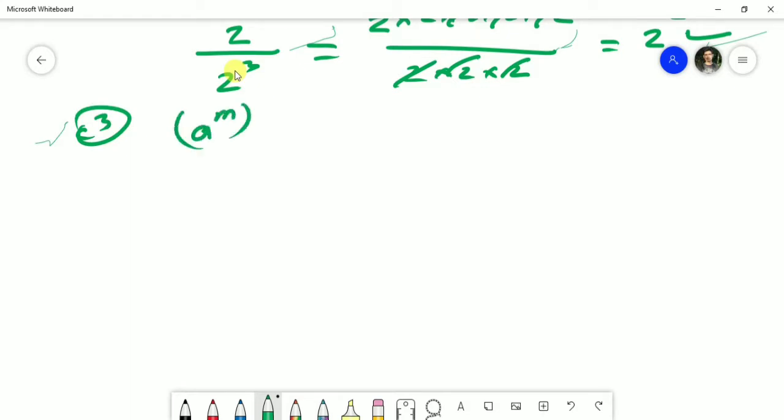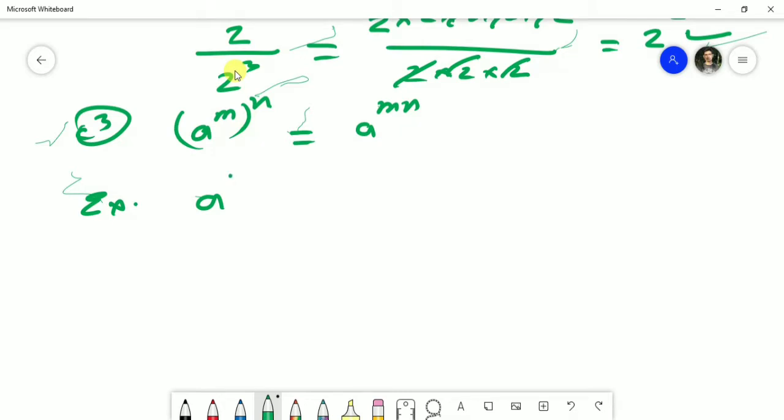Suppose a power m, all to the power n. In such a case we can take it as a power mn. Let me give you an example so that you can understand properly. (a power m) power n is there.